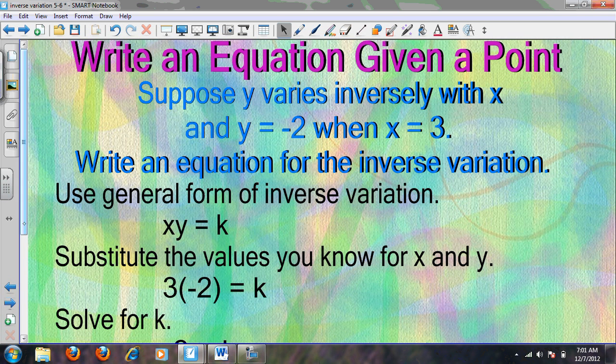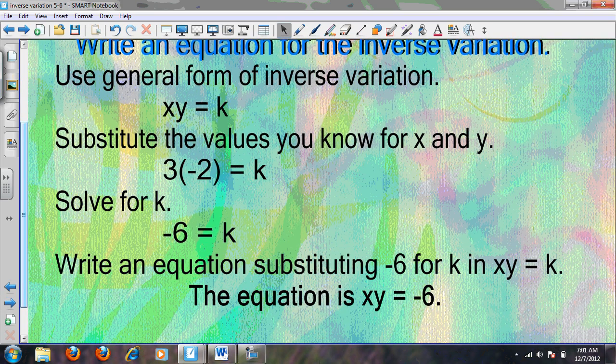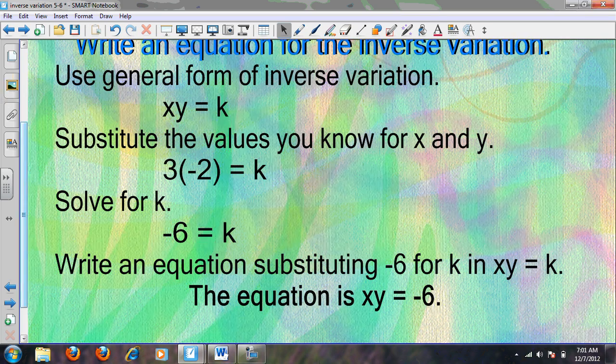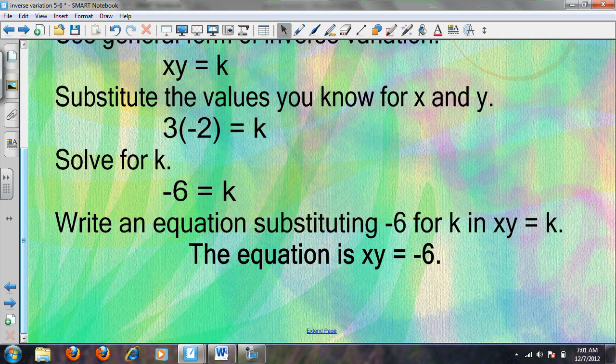Okay, Matt, when you did that, did you substitute 3 times -2 in for x and y? And we solve for k. k equals -6. And the equation is xy equals -6. Or, Clayton, what could be another way? y equals -6 over x. Excellent.